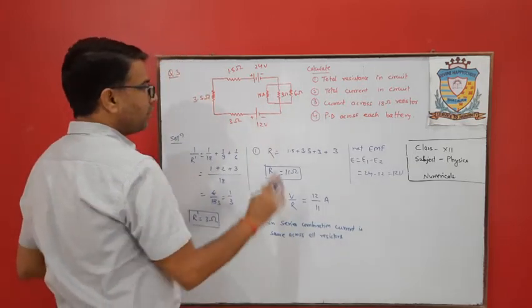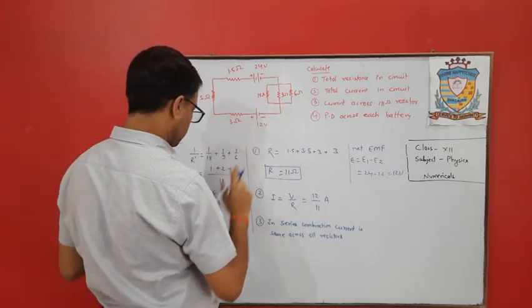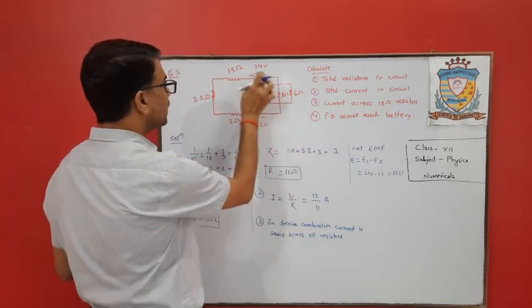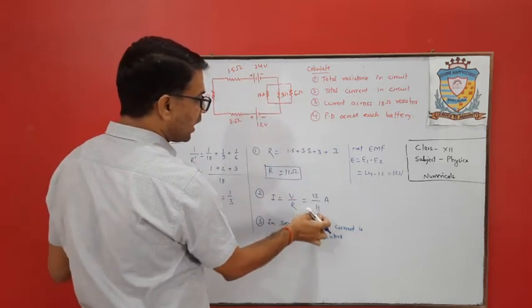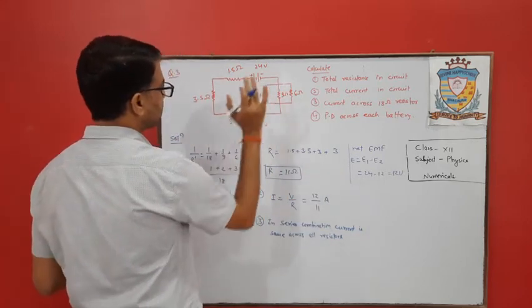Means if we have a resistance of 3 ohm, then current 12 by 11 ampere will flow through each.